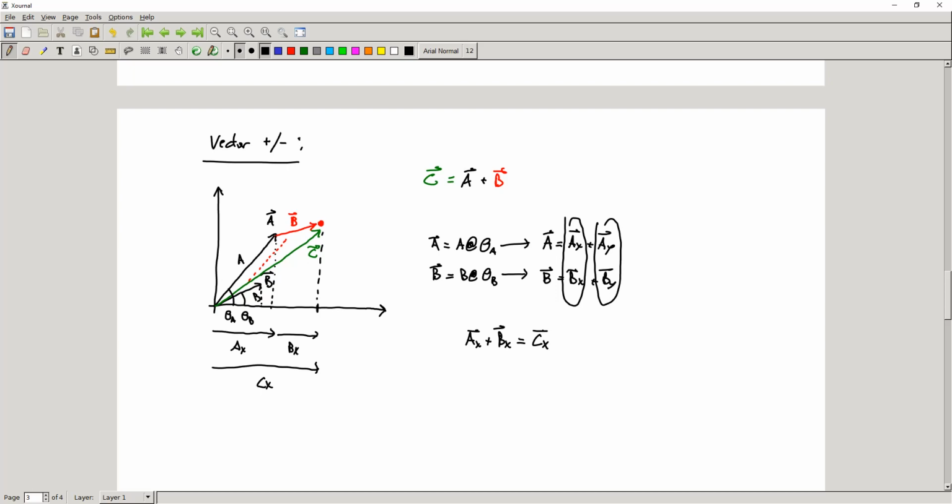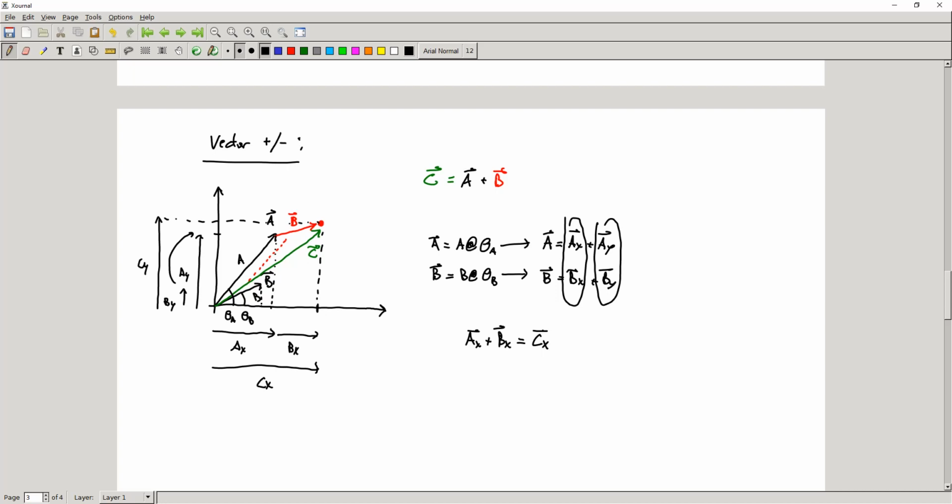And the same is true for the y components, right? If we added, say this is AY, and then this in here would be BY. If we added those together, if we shifted this up onto the top here, we would end up with some CY, and if I had drawn this correctly, that would kind of match up to that point there.